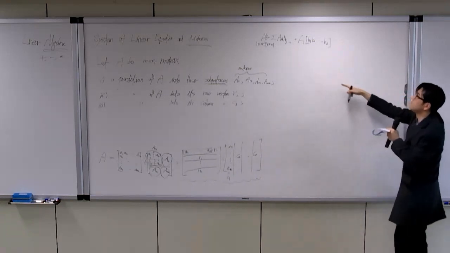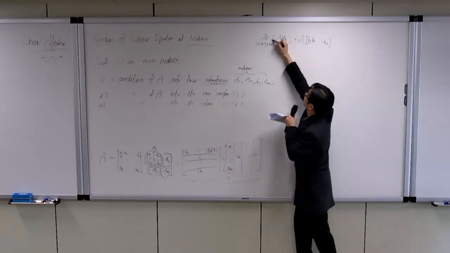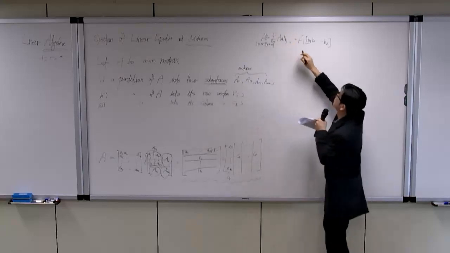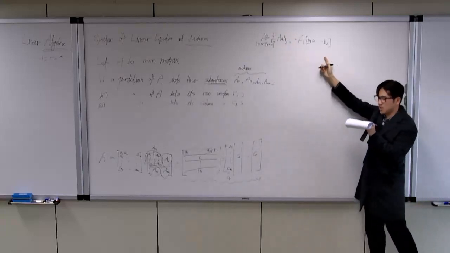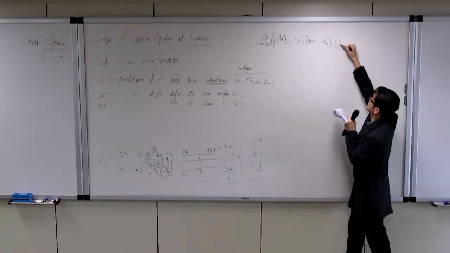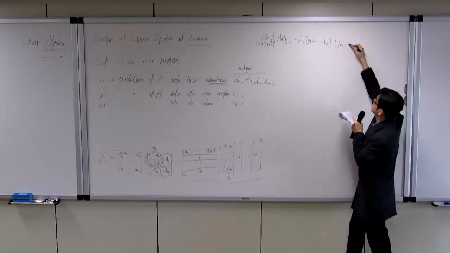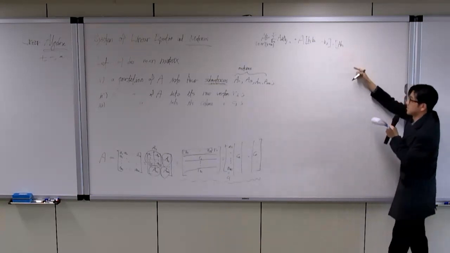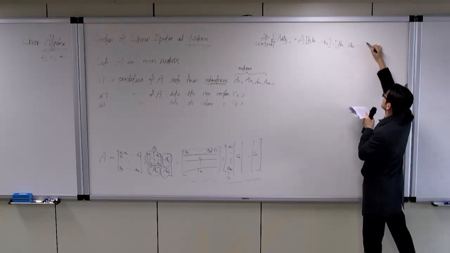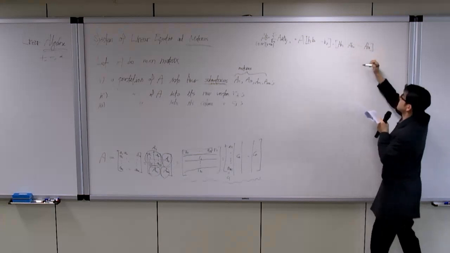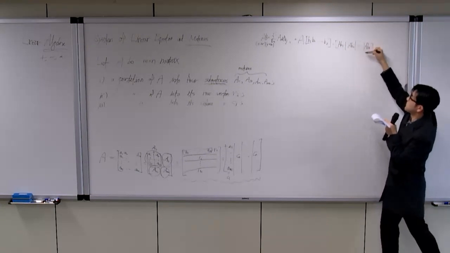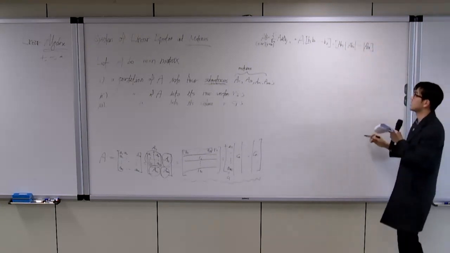Then the product AB can be written like this, and its meaning is AB1, the first column vector, AB2, like this, up to ABm. It is also a matrix, having column vectors.